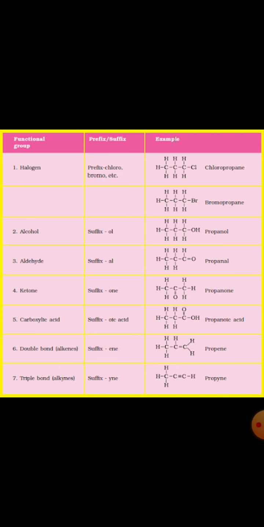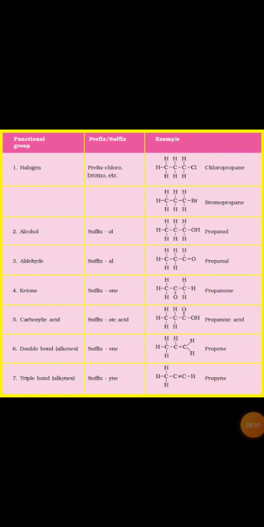Same way, if we have aldehyde as functional group, the suffix for aldehyde is al. Same example we will take here of propane. If we have propane and the aldehyde group is added, we remove the e, and the aldehyde has a C double bond O with H group. So we will pronounce it as propanal.